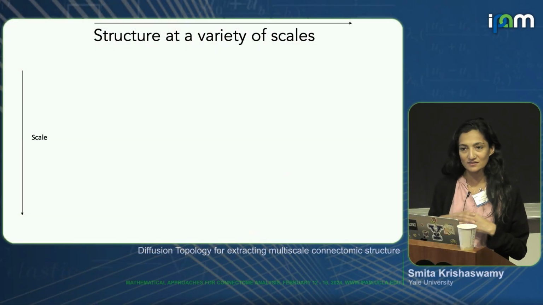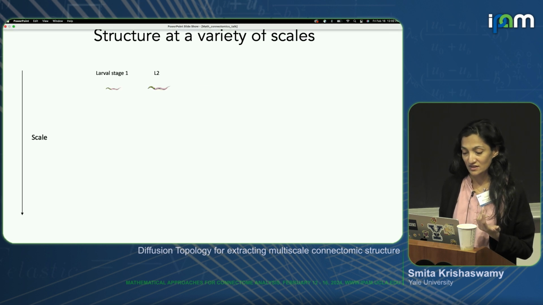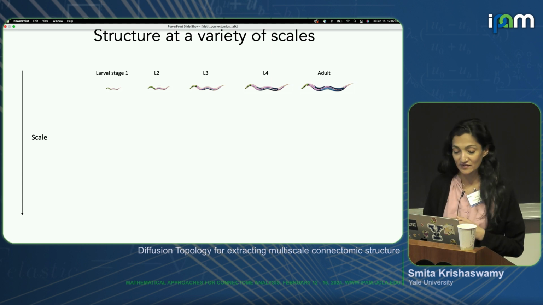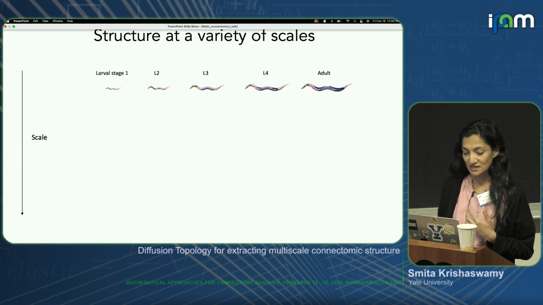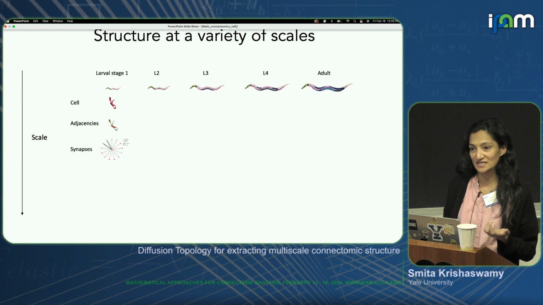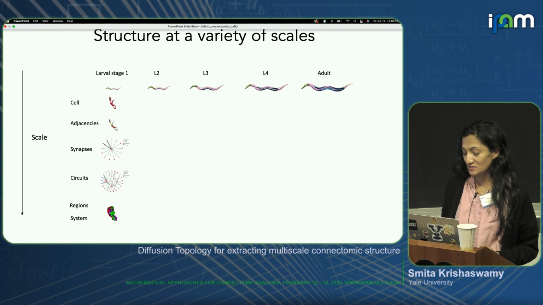One of the interesting things about biological circuits of any kind, but neuronal circuits, is that they vary in scale and structure. So towards the end of that topic, I'll talk about worms at different stages of development. These are all C. elegans worms. And you can think about them at the cell level, at groups of cells, which we call adjacencies, because we turn them into a graph, circuits, systems.